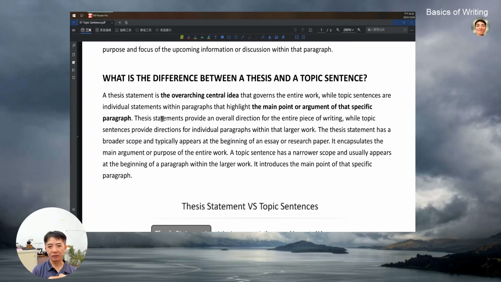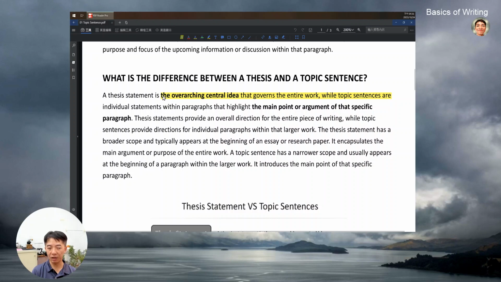A topic sentence actually serves as the main point of that specific paragraph. So it's called 段落主题句. Thesis statements provide an overall direction for the entire piece of work, the overall direction and the overarching central idea, right?